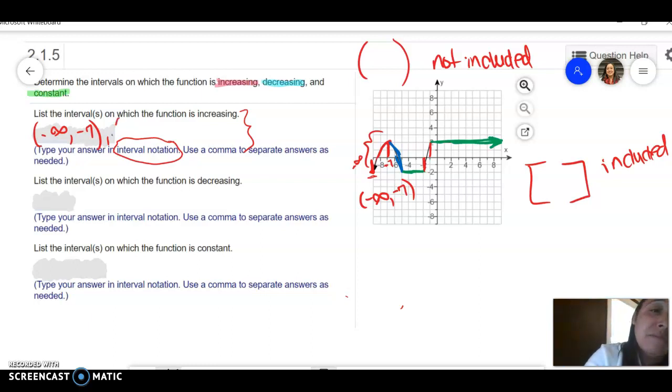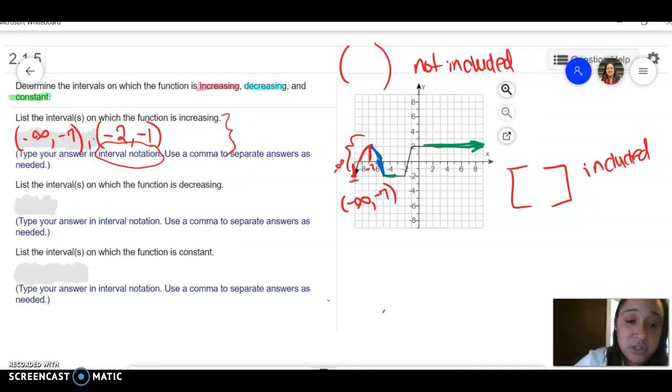My minimum value there is -2, and my greatest value on the x-axis is -1. And again, I use parentheses, guys, because I am not including those endpoints, because at those endpoints, I am changing direction. Okay.